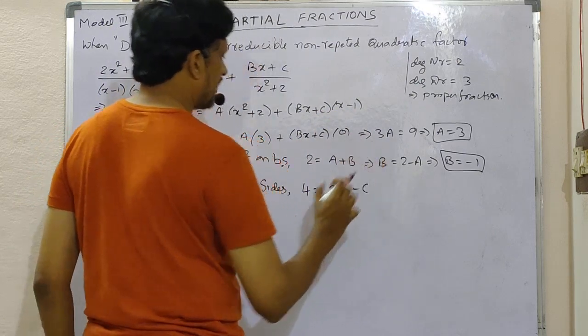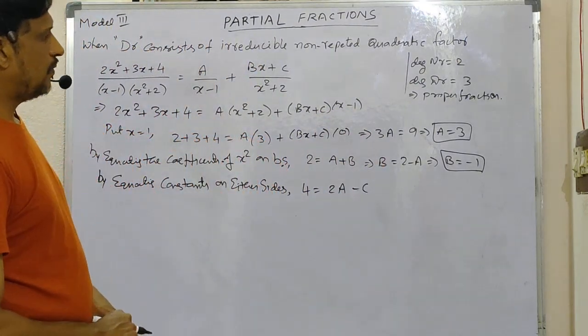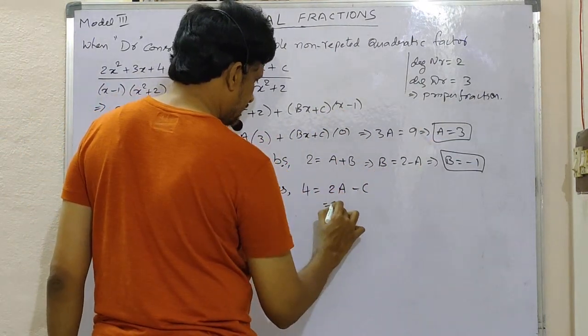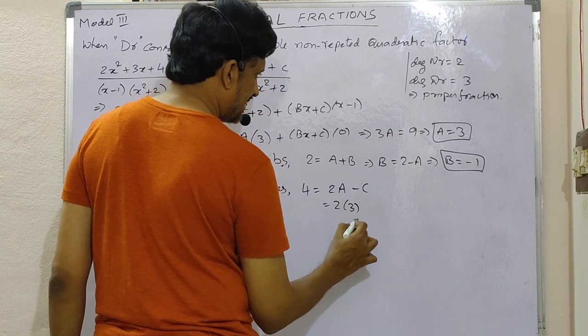So 2A − C you are getting. Then the value of A is 3 here, 2 into the value of A, which is 3.